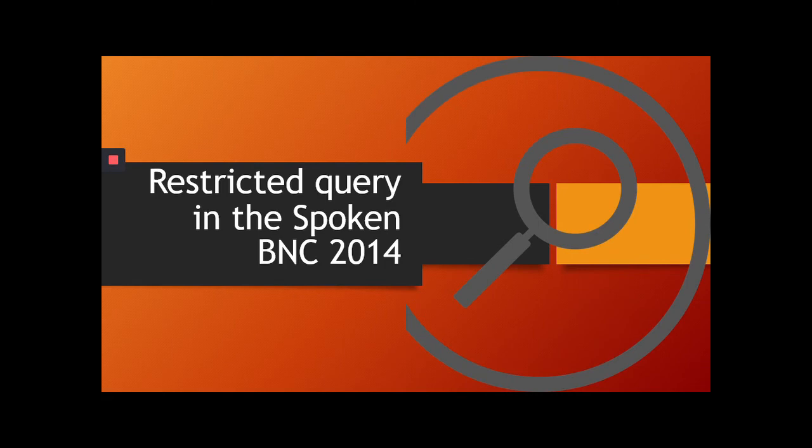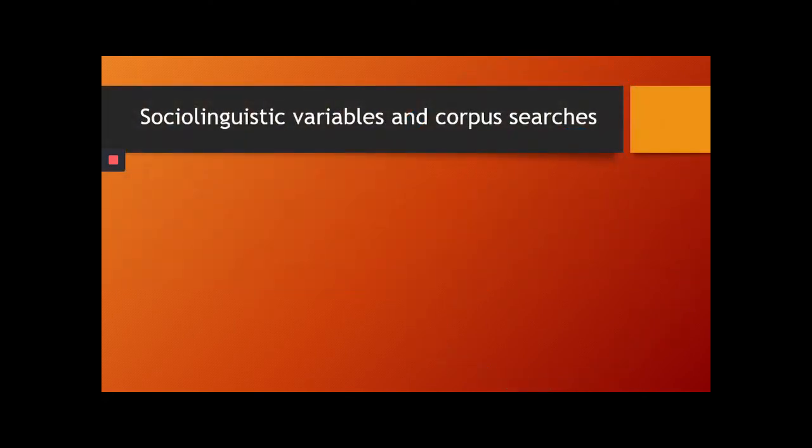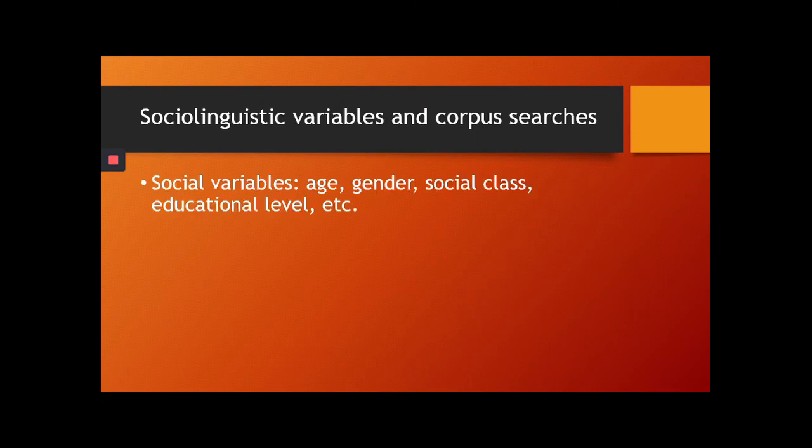Today, we will look at the restricted query function in the Spoken BNC 2014. When you search in a corpus, you might want to consider sociolinguistic variables such as age, gender, social class, educational level, and so on.